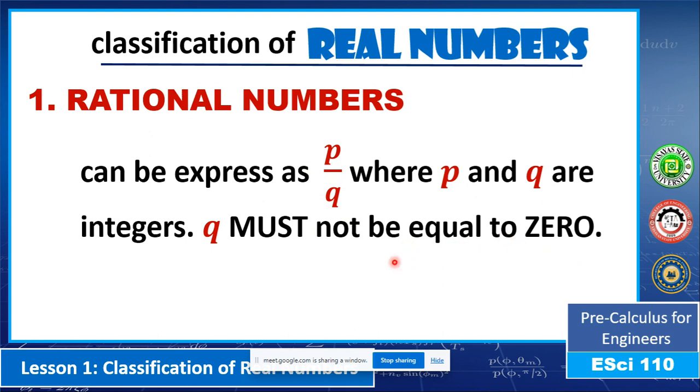Why, class, can q not be 0? Of course, if you divide an integer by 0, the result would be undefined or infinity. You don't really know what the value is, since infinity is not a fixed value.